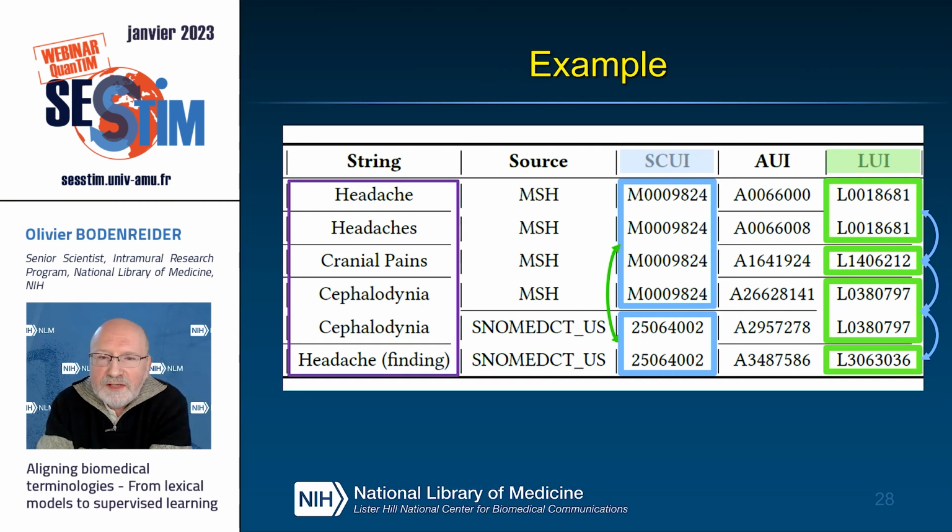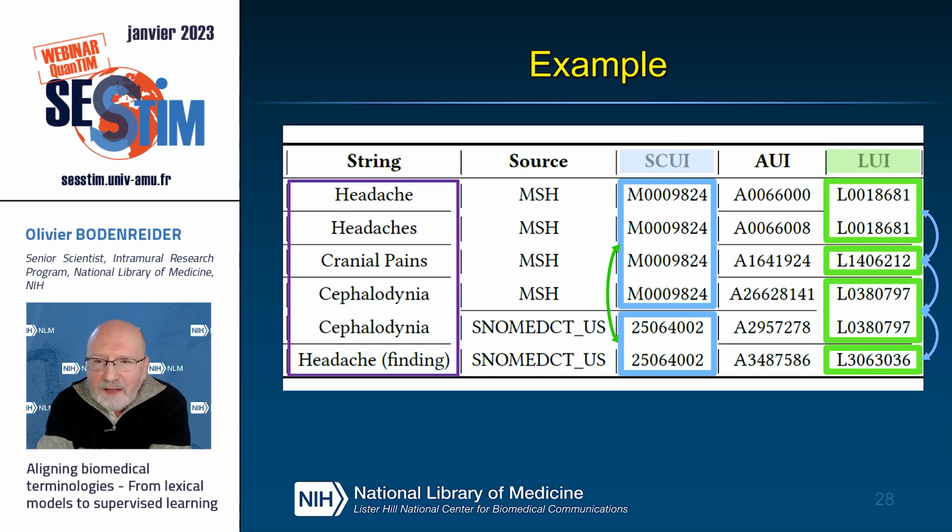And so in some cases, in this example, the blue groupings represent source synonymy. It's two groups of synonyms that are provided, one by MeSH, the other one by SNOMED.